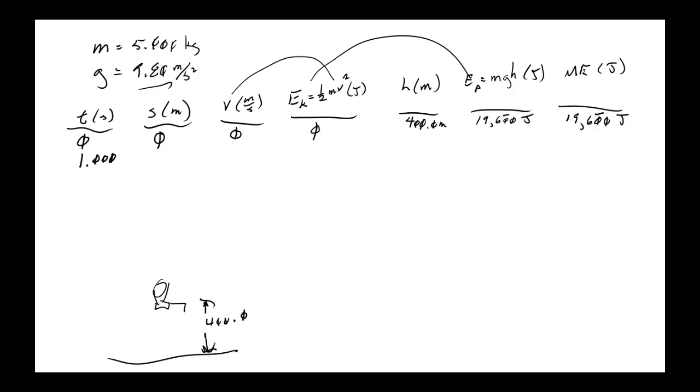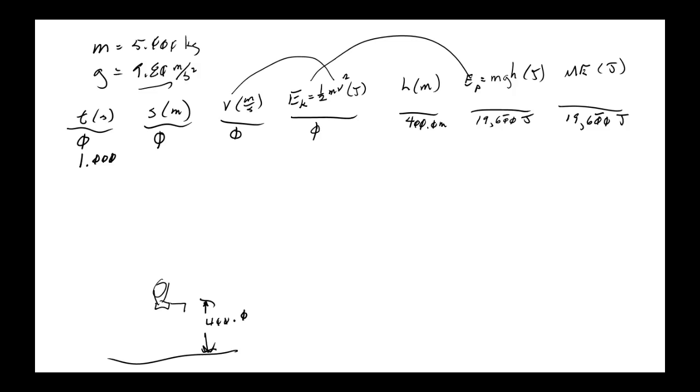Now here's where you sort of got to stop and think a moment. The acceleration due to gravity is 9.80 meters each second. So actually, I don't think the S is the easy thing to do here.